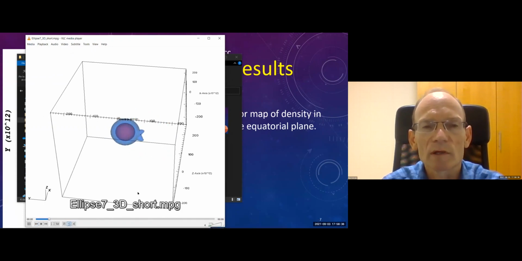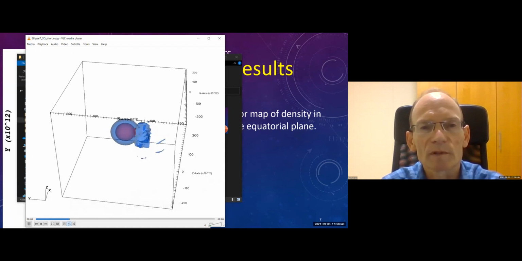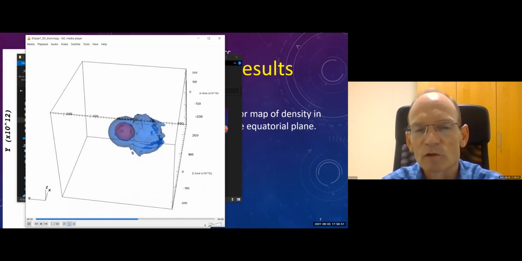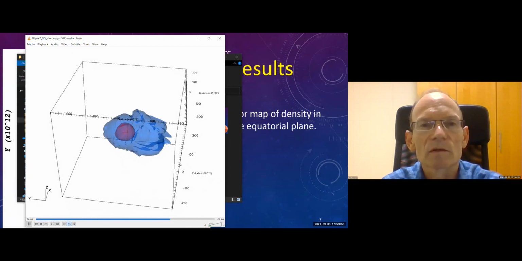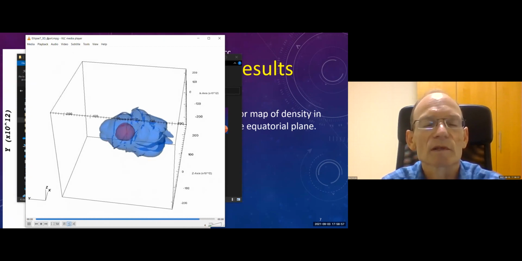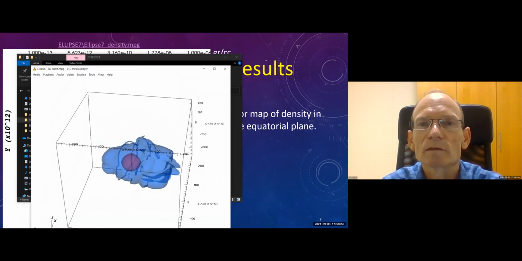And the blue color emphasizes the expanding envelope. So at this stage, you can see the jets. They will appear on the other side. And now they no longer exist, but still the envelope keeps on expanding for a long period after the jets have disappeared.